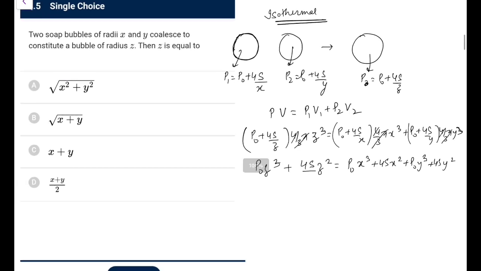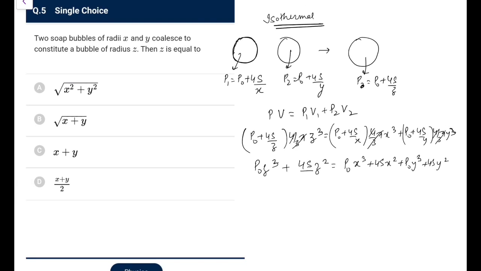Now there is nothing written about P0, so it would be a tougher thing. So let's assume it is in vacuum, because we don't have any other information, otherwise we cannot get a direct result. The P0 won't cancel. So taking P0 to be vacuum, that is 0, these terms get cancelled, and now the 4s factor gets cancelled, and you will write z square equal to x square plus y square.